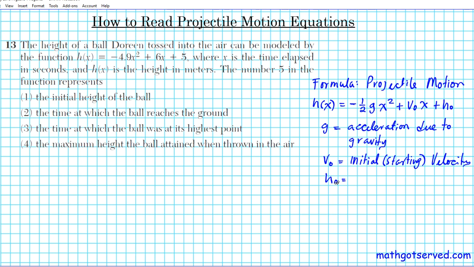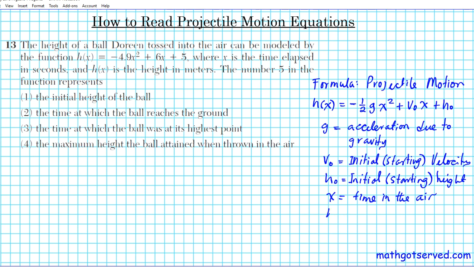This sub 0 basically means start. h sub 0 represents your initial or starting height. How far was the projectile from the ground before it was tossed into the air or dropped towards the ground? Initial or starting height. And then x represents the time in the air.